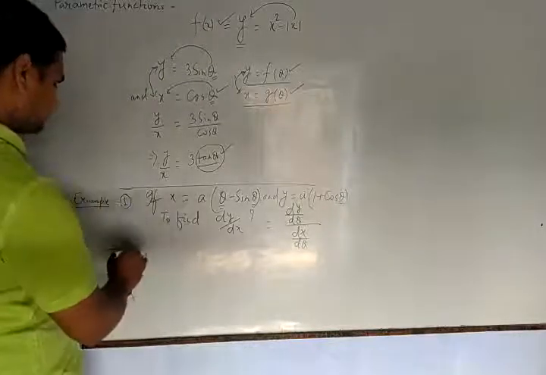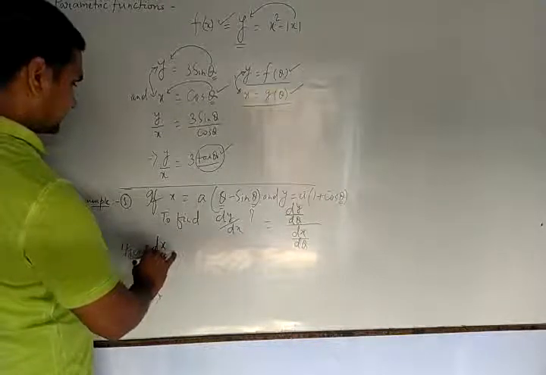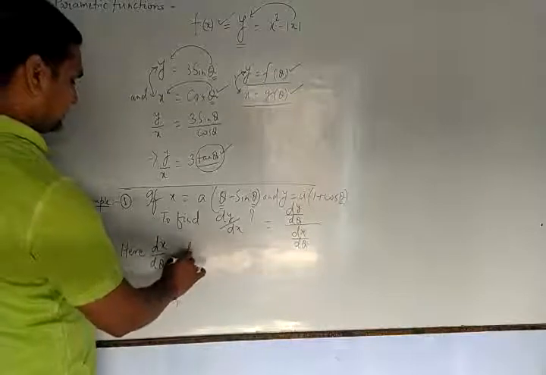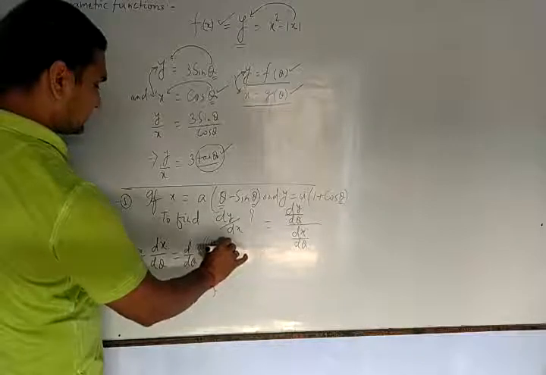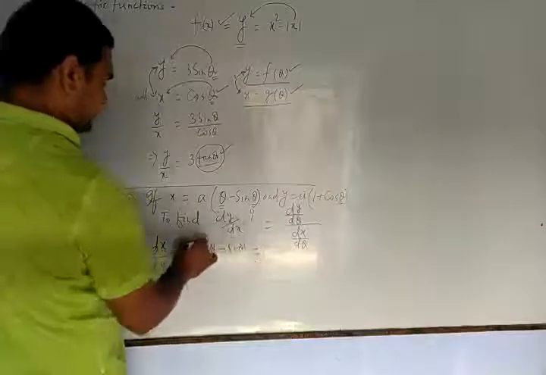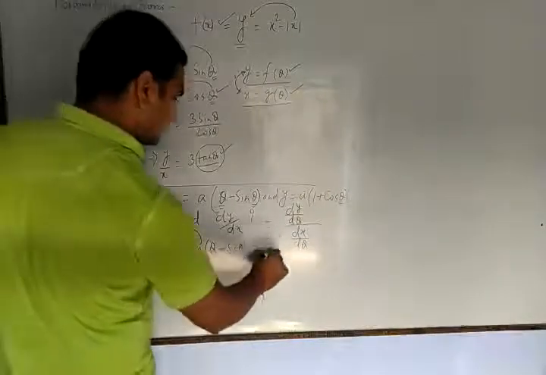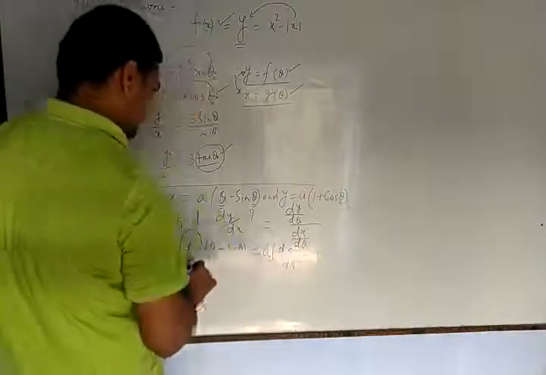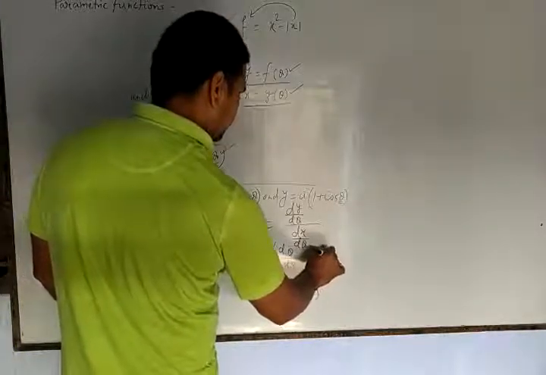Look, so here dx by d theta is equal to what? d by d theta of a theta minus sine theta. That will give you, a is the constant, so it will come outside, and d by d theta of theta minus d by d theta of sine theta.